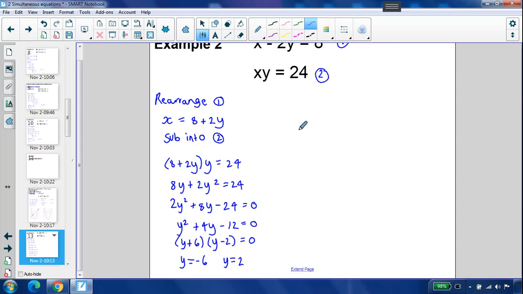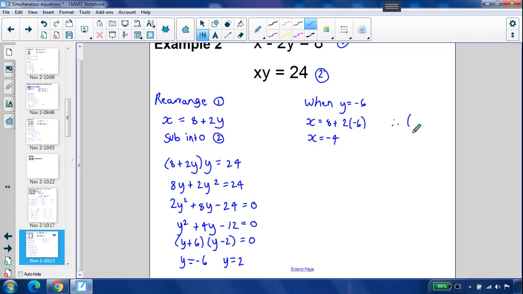So let's find the x values. So when y is equal to minus 6, I'm going to substitute it into here. x is equal to 8 plus 2 multiplied by minus 6. Well, this is going to be minus 12, so 8 minus 12 is minus 4.